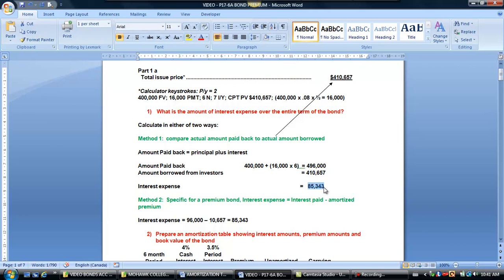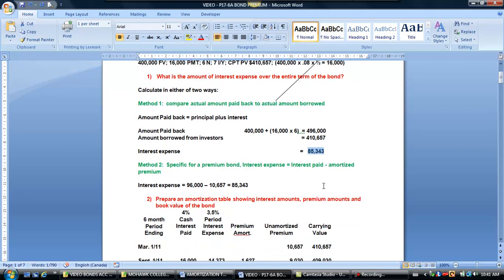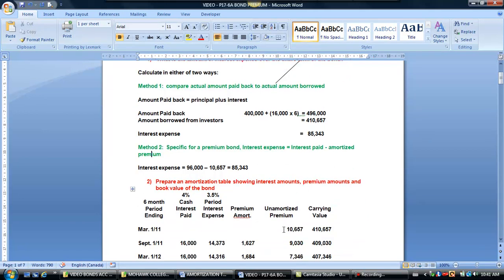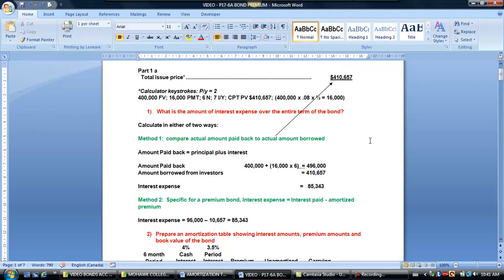Another way you can do it is we know that our interest expense over the term of the bond, because we have a premium bond, will be less than the amount of the interest that we're paying. So therefore, the interest expense would be equal to the interest that we pay less the amount of amortized premium over the term of the bond. And over the term of the bond, we already know that we would be amortizing $10,657, the difference between the principal value and the carrying value of the bond at the issue date.